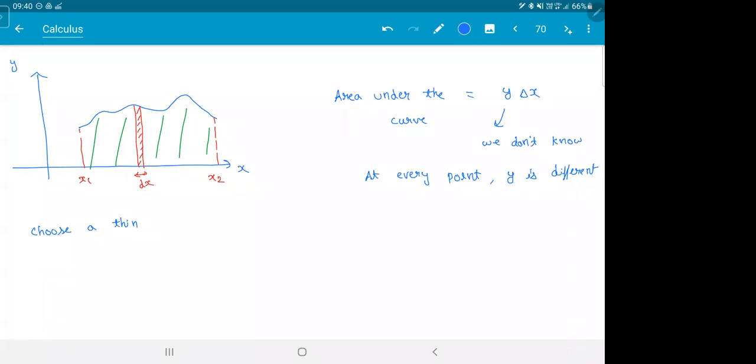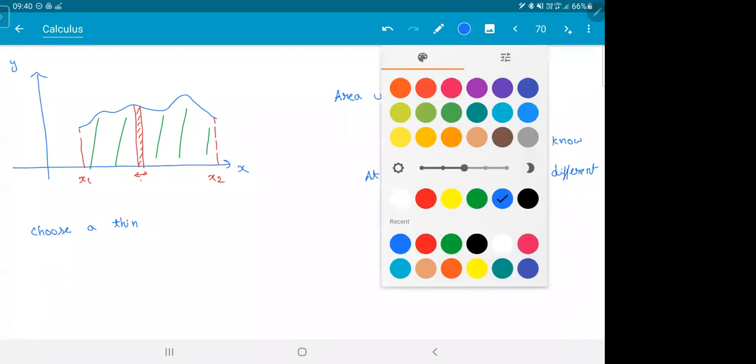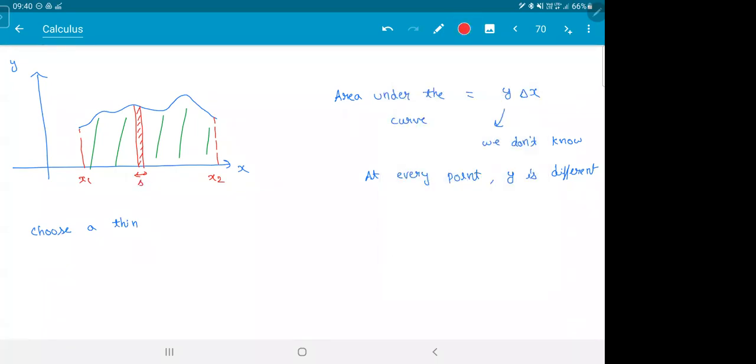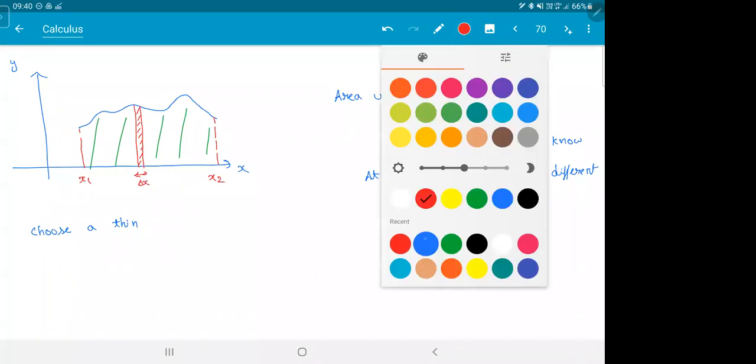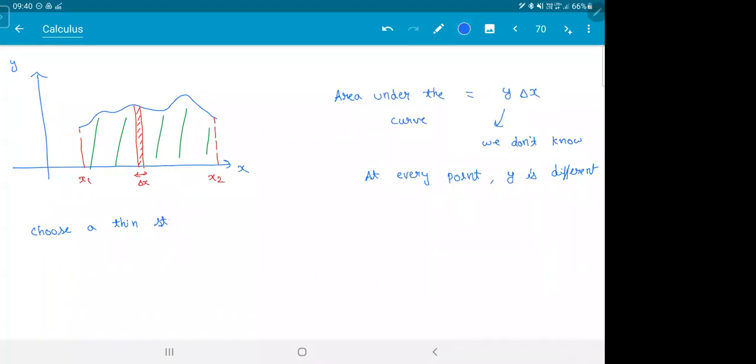Let's call it delta x only, of width delta x. So the strip would look kind of like this. So this is delta x. This is the y coordinate at that particular x.